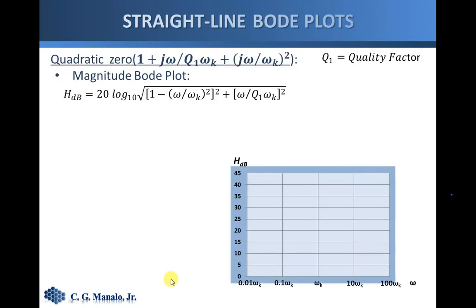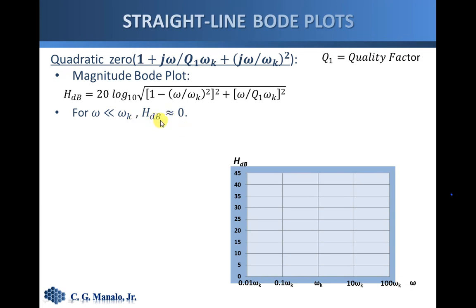Now for the quadratic zero, this is a bit more complicated. So if you get the magnitude, it would be like this. And how do we plot this one? So first we make an assumption that omega is very much less than omega k.